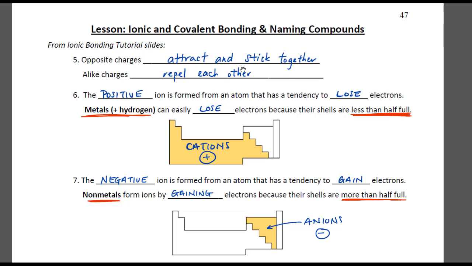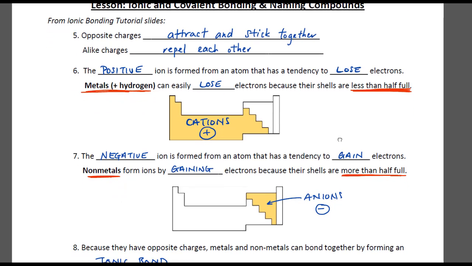Opposite charges attract to stick together. Alike charges repel each other. The positive ion is formed from an atom that has a tendency to lose electrons. So those are metals, plus little tiny hydrogen sitting over here. They can easily lose electrons because their shells are less than half full. So they have 1, 2, or 3 electrons in their outside shell, more likely to lose.